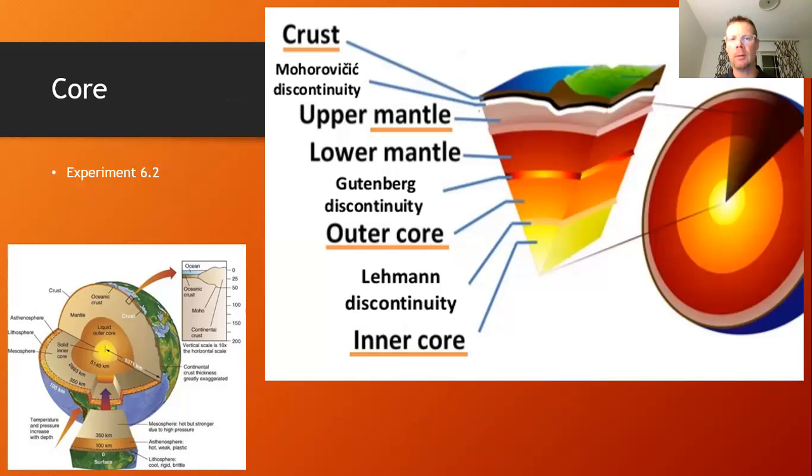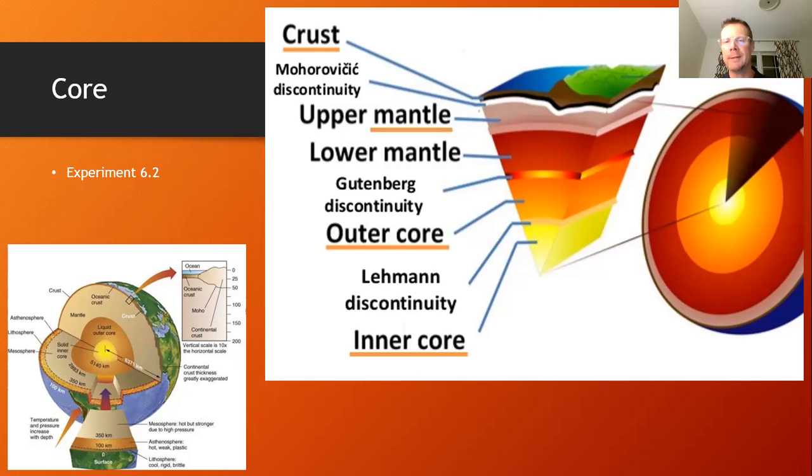Again, the MOHO, the Mohorovicic discontinuity, exists in the lithosphere between the crust and the upper mantle, the outer mantle anyway. The Gutenberg discontinuity is between the mantle and the core, and the Lehmann discontinuity is between the outer core and inner core. So again, 3 discontinuities that I want you to pay attention to.